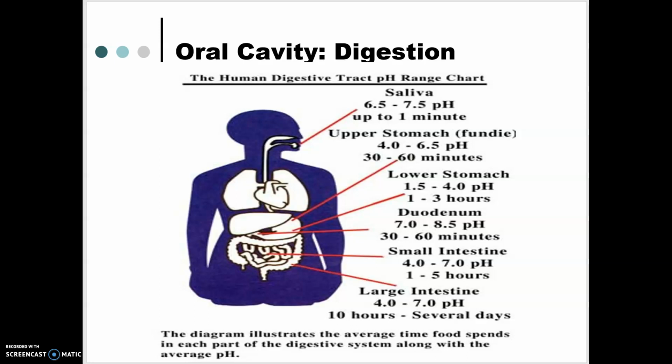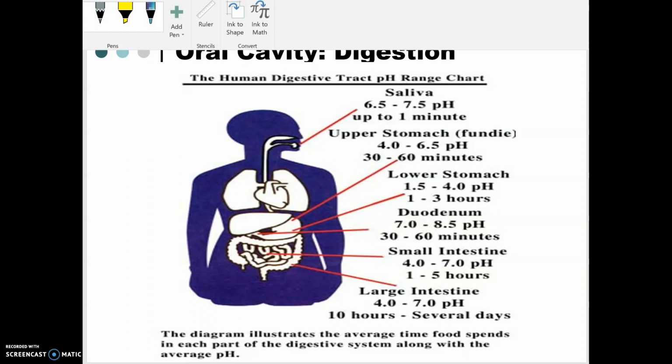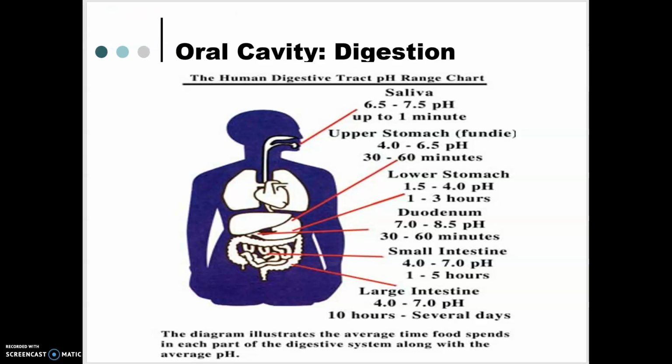So this is an interesting slide right here. This gives you a couple of bits of information. It's going to give you the time. So if we look here, we can see times, and we can see the pHs. So this is going to tell us what changes as we go through the digestive system. So far we've only been talking about the mouth. So when you're chewing your food, you rarely chew it for much more than a minute.